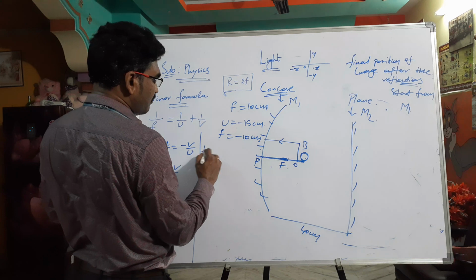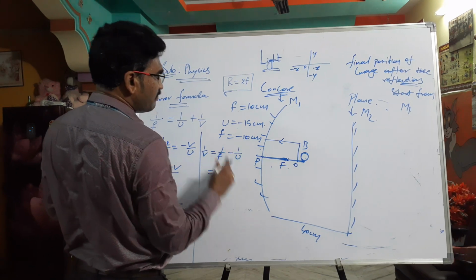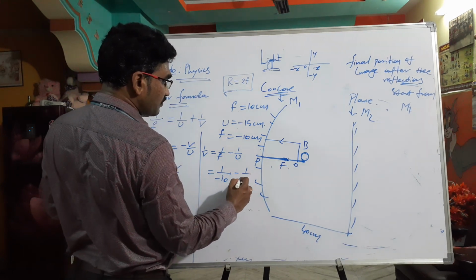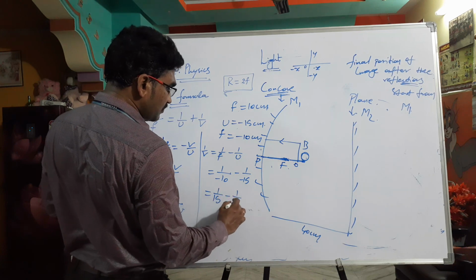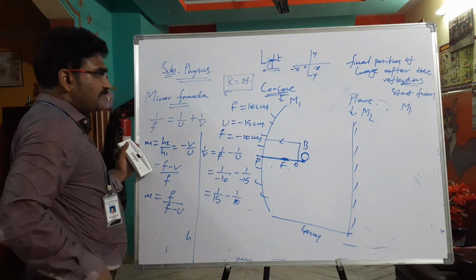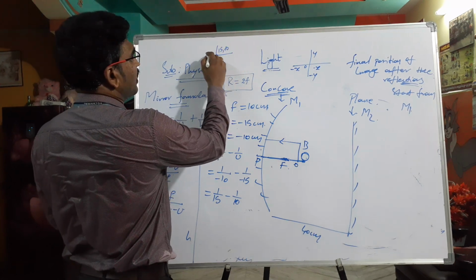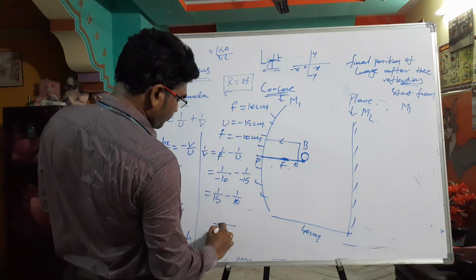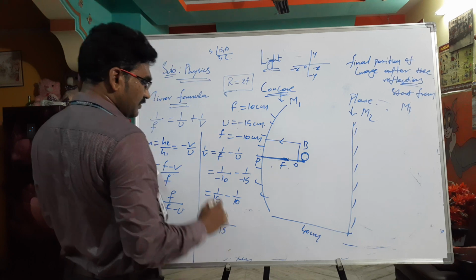You know 1 by v is equal to 1 by f minus 1 by u. So 1 by f, that is minus 10, minus 1 by u, minus 15. So 1 by 15 minus 1 by 10. Then what are we going to get? LCM. So 5 3s and 5 2s. So it is going to be 15.